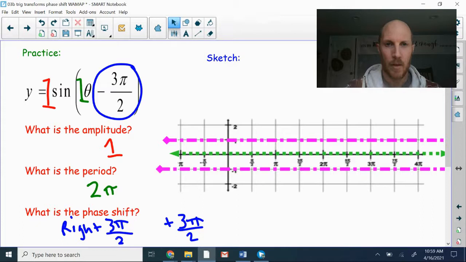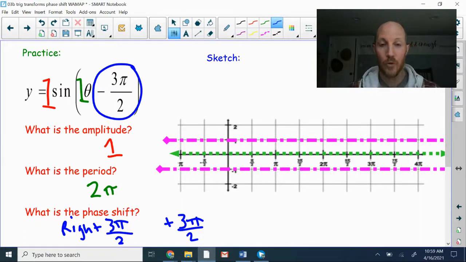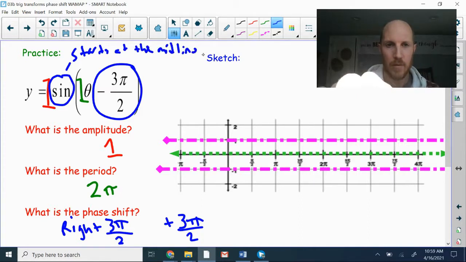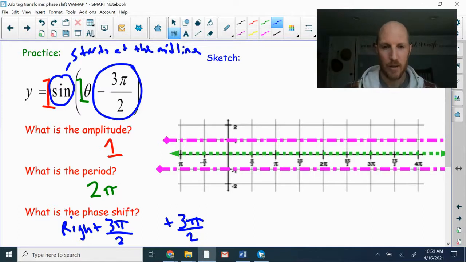Okay, and then when I start drawing my graph, it's a sine graph. Sine starts at the midline and goes up first. So normally I would start at the y-axis.